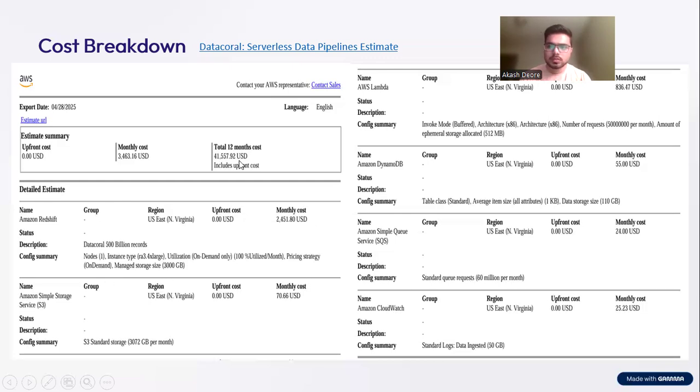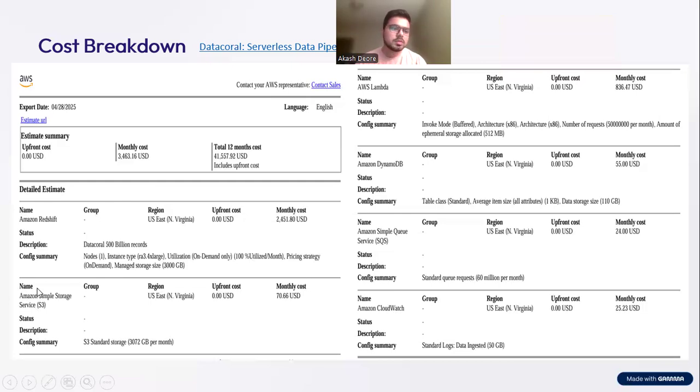Then second service on which we spend a bit of money is the Amazon S3 service, where I have kept the storage service as standard storage with 3000 GB per month storage capacity, and it is also located in US East North Virginia region.